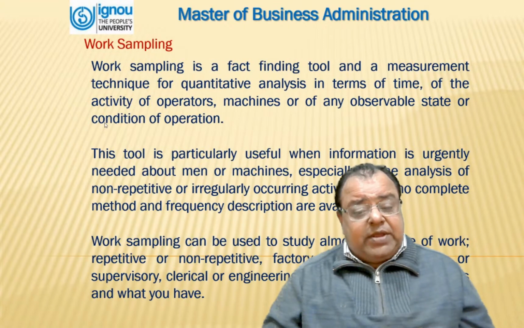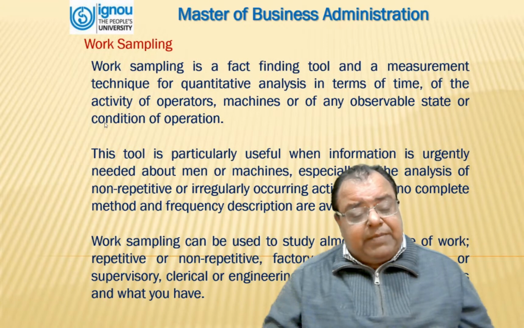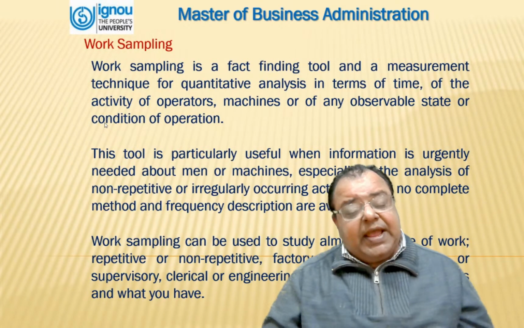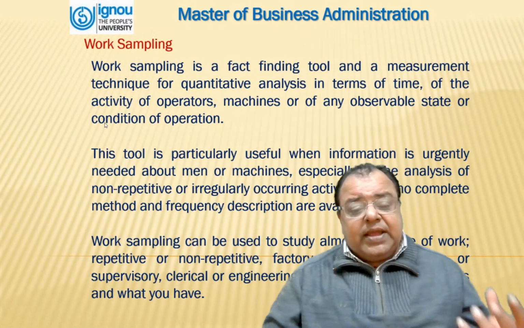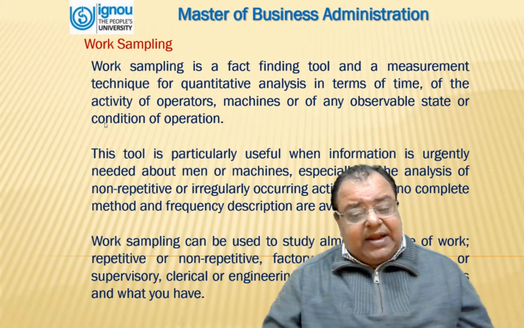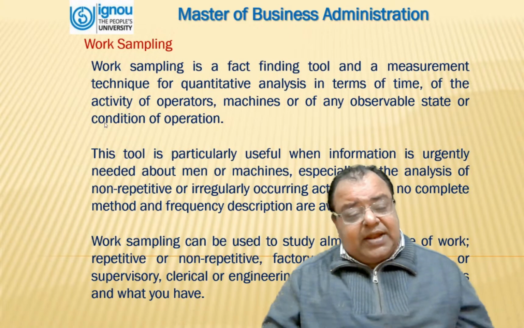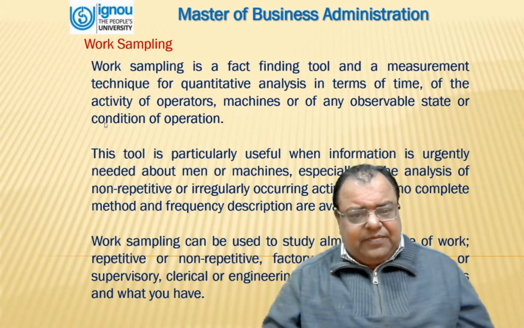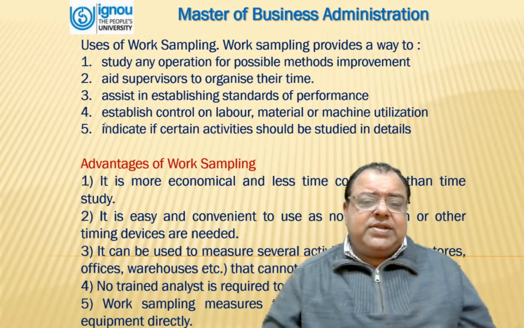Work sampling can be used to study almost any type of work, repeated or non-repeated, factory or office, executive or supervisory, clerical or engineering, handlers, salesmen, nurses, and what you have. Uses of work sampling.